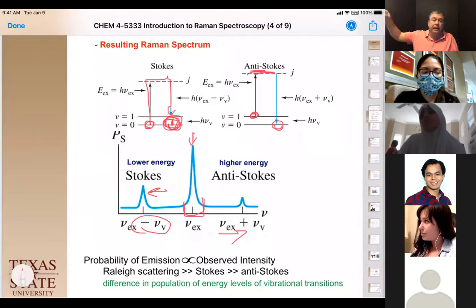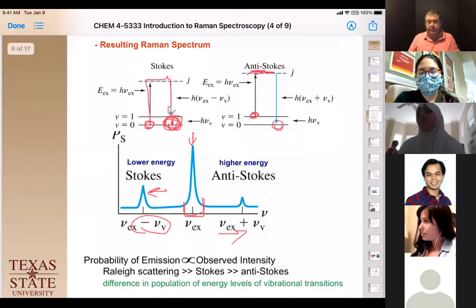But if it emits at a higher frequency, then that's our anti-Stokes shift. One of the problems with that is that the efficiency of excitation versus the scatter we see is actually really low. It's 0.001%.